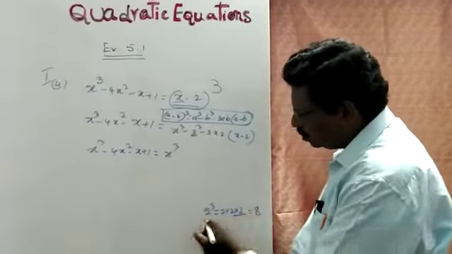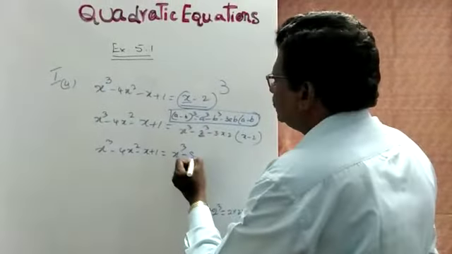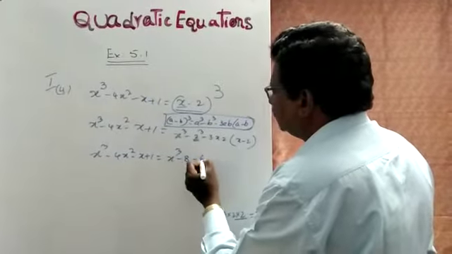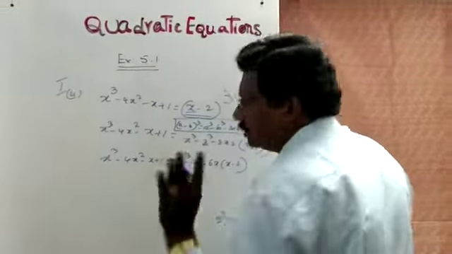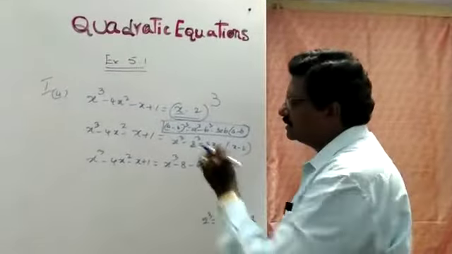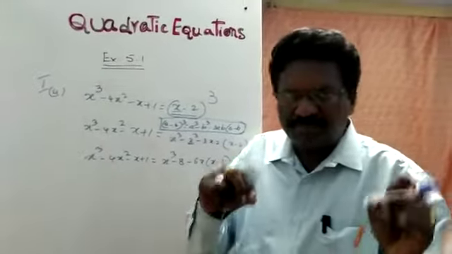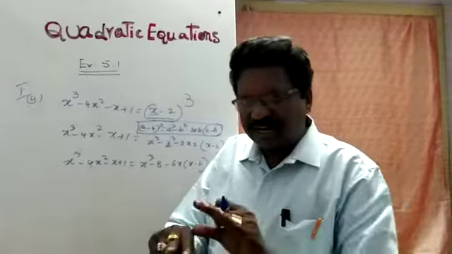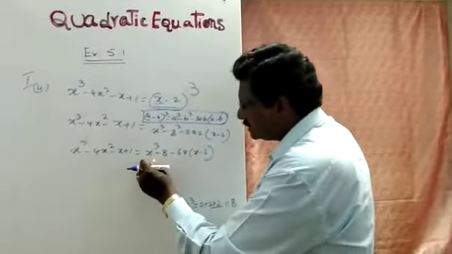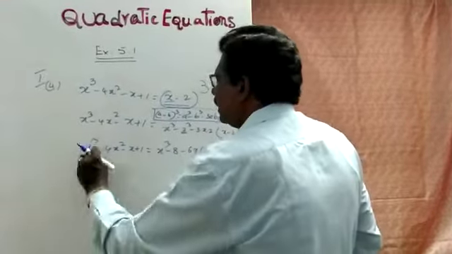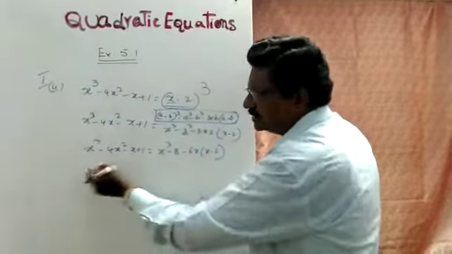So 2 cube is equal to 8. Minus 8, 3 2s are 6, minus 6x of x minus 2. Students observe here the same values, same symbols. The left side and right side, they will be cancelled. So take this side minus x cube, it becomes x cube and x cube is cancelled.